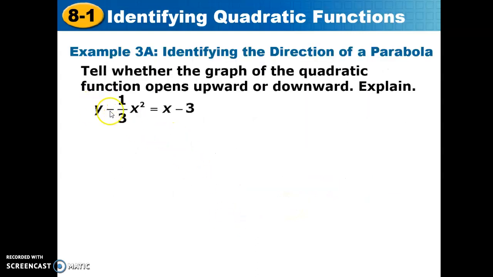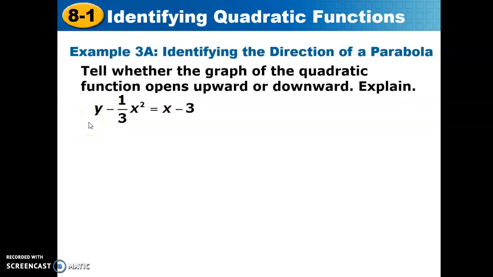So for this example here, all we want to do is tell whether the graph of the quadratic function opens upward or downward, and then explain. So notice we have y minus 1/3 x squared equals x minus 3. I want to solve for y before I can determine anything.